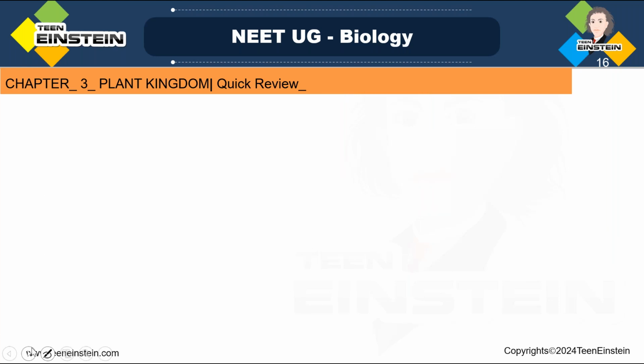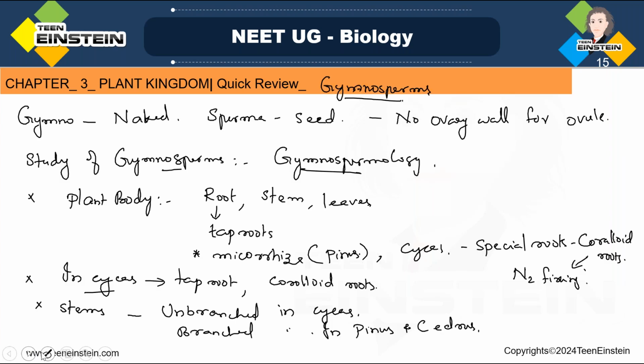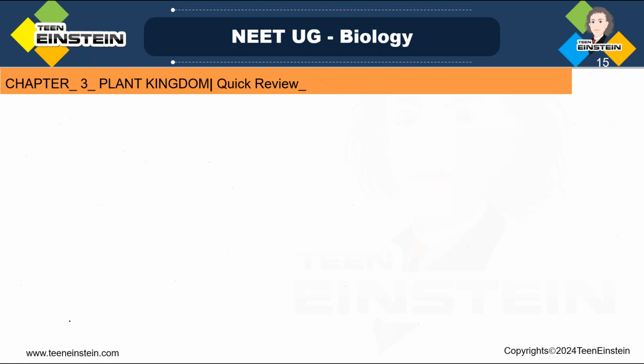And leaves, what about leaves? We said about roots and stem. The leaf may be a simple leaf or a compound leaf, depending upon the plant type.